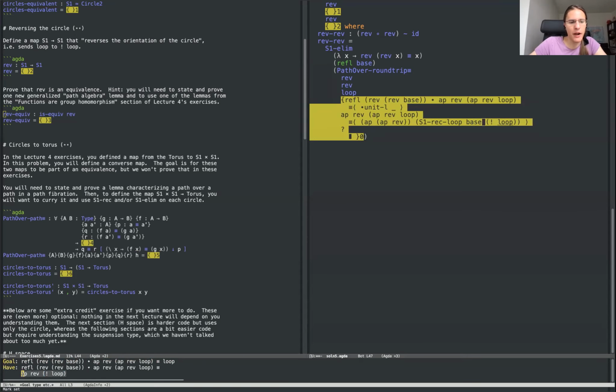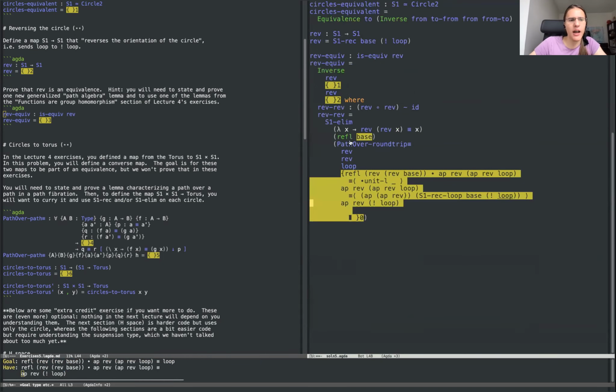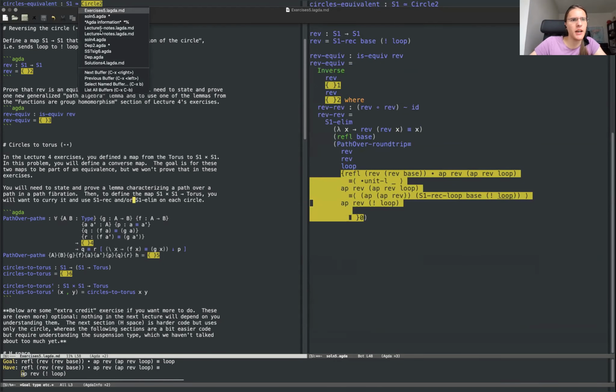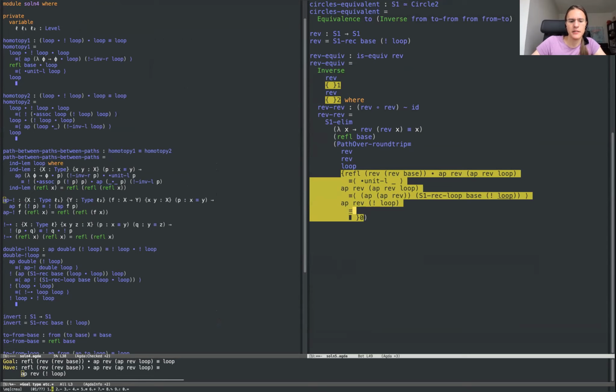Now I have app rev onto not loop, and I don't have a computation law for that. But I have from last time, if we look at the solutions, we used it somewhere. We had app exclamation point, that if you app onto not F, then you get not of the app. It's not called not. This is just terrible notation. You shouldn't call it a bang, you should call it an inverse.